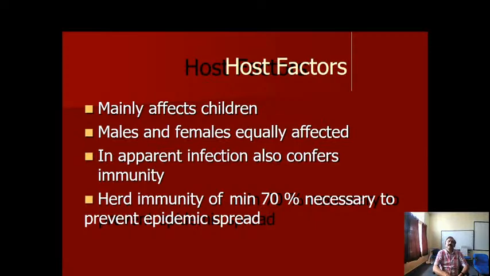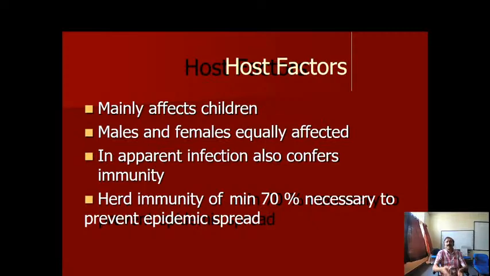Males and females are equally affected in this disease, and one infection will generally confer immunity. Nowadays, a lot is being spoken about herd immunity. That is, when a large number of the population is immune, it is likely that transmission of the disease will decrease.